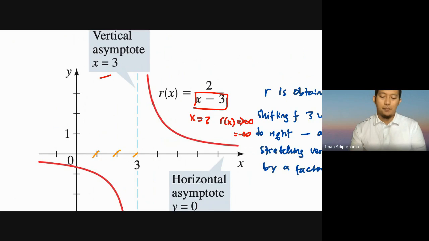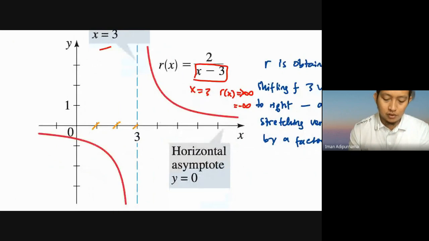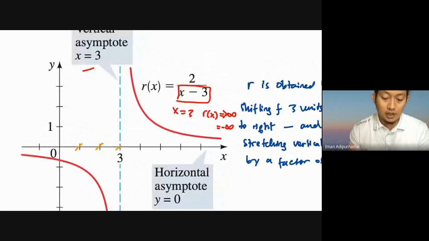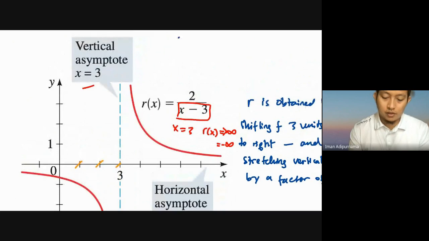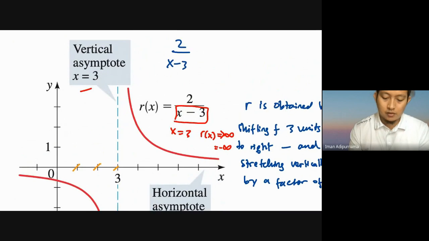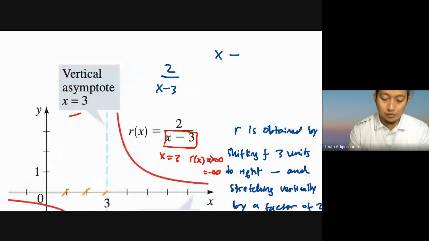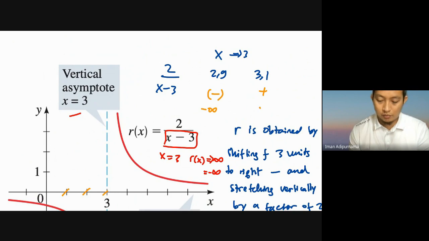If you are confused on deciding positive or negative, you can check like this. X is close to 3, so you can check 2.9 and check 3.9. The one gives you positive, the one gives you a negative. So from here you get to know that at around here it should be going negative infinity, and this should be going positive infinity.